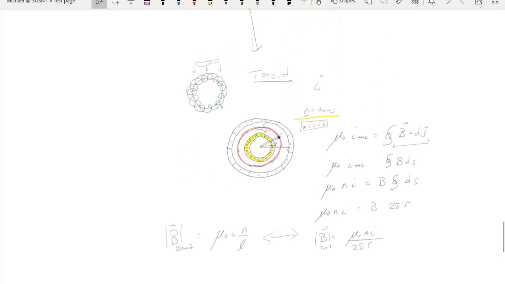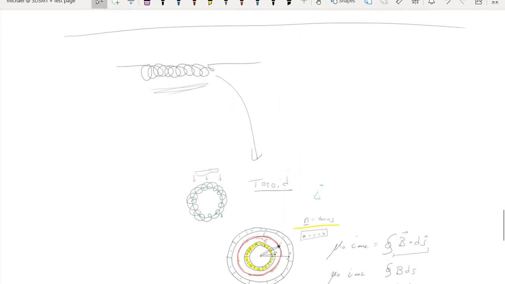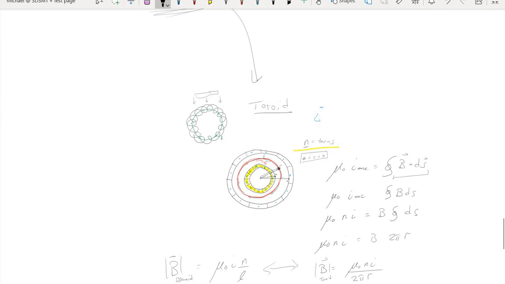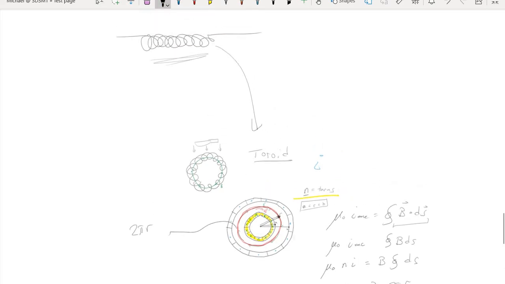And the answer is no, because if you consider the path length here, which is 2 pi r, isn't that path length just the same as the length of the solenoid? If you take the length of the solenoid and you wrap it around in a circle, what's the length of that circle?